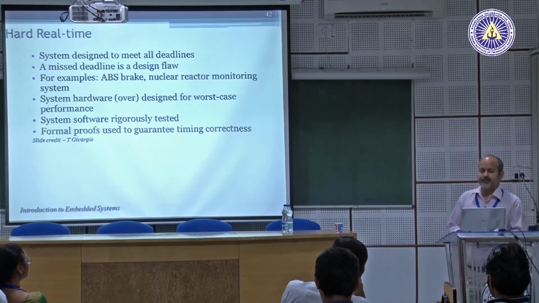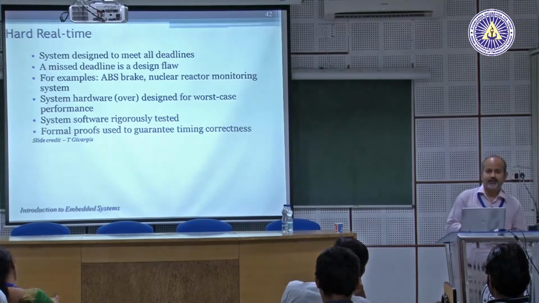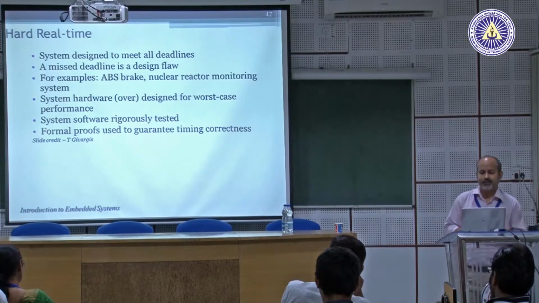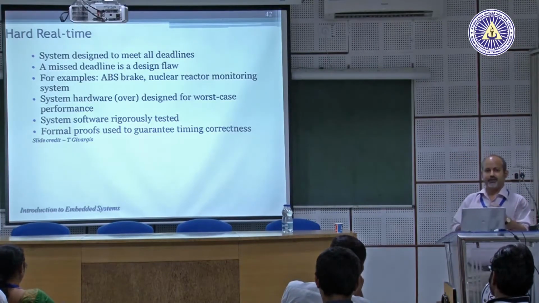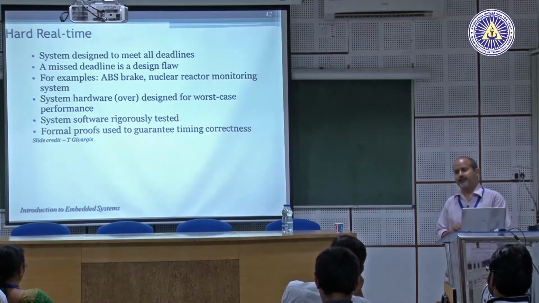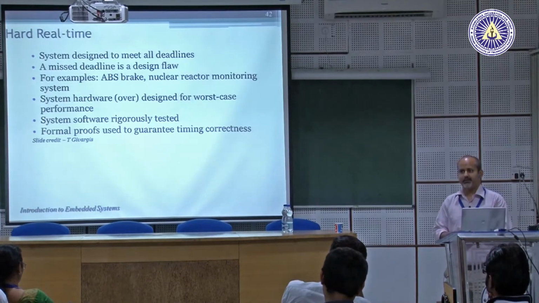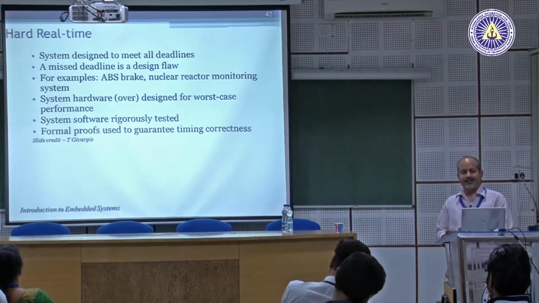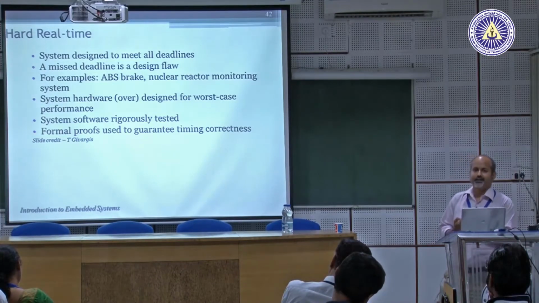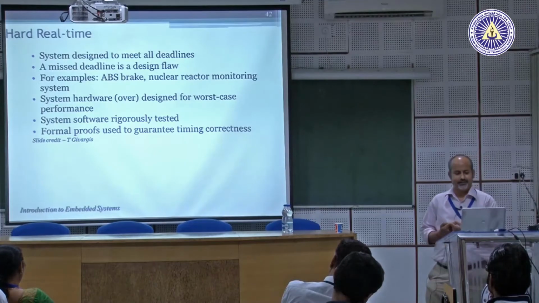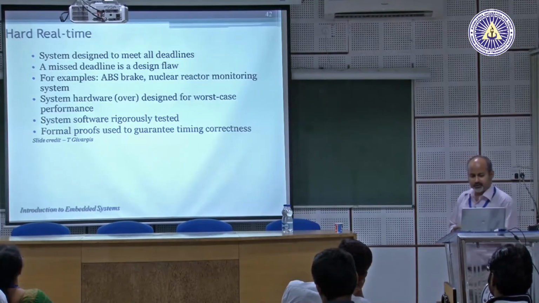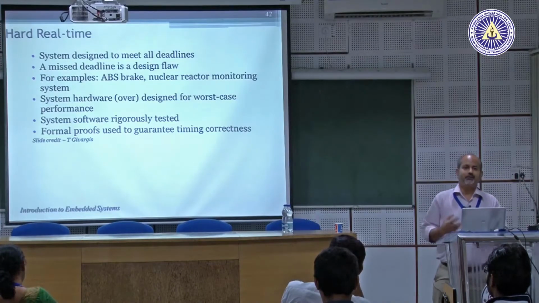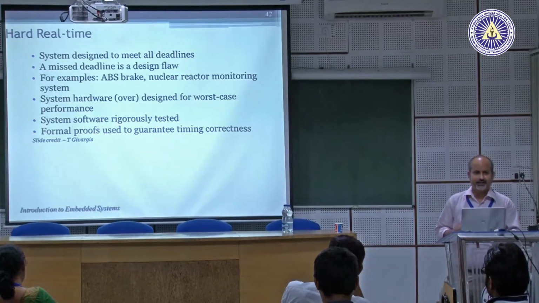Hard real time means that if you miss the deadline, it's not acceptable. For example, if you're pressing a brake and the system doesn't respond within so many milliseconds, then it is not acceptable, because any later you will create a disaster, right? So in safety critical systems you usually see hard deadlines.